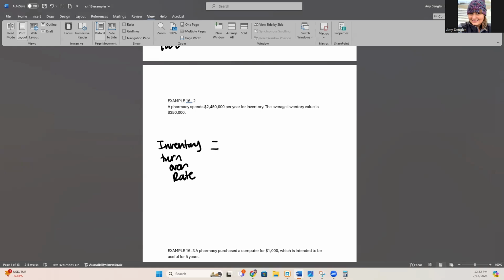And that is equal to the total purchases over a given time divided by the average inventory value.